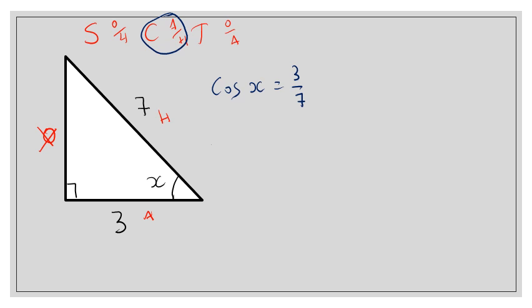Then like we did on the last slide, we say x equals cos -1 of 3 divided by 7. And then we type that into our calculator and we get 64.6 degrees.